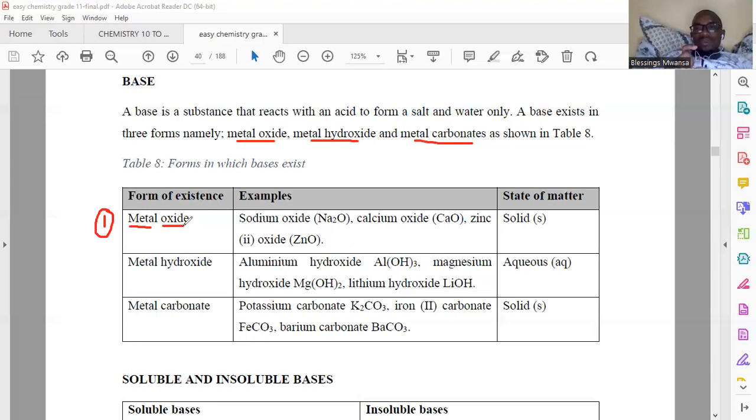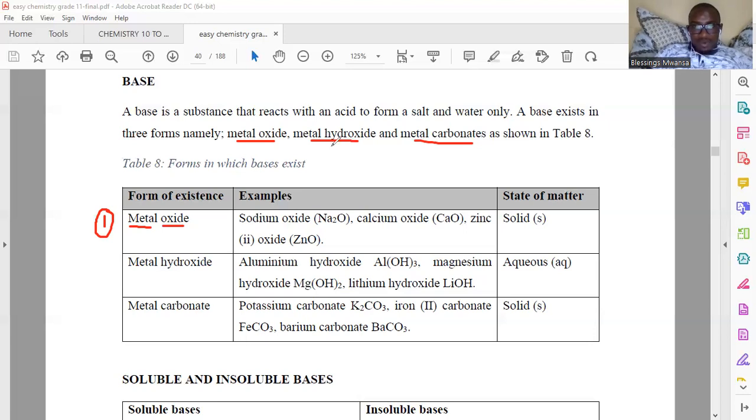You get a metal, you combine it with oxygen. A compound that you're going to form will be called a metal oxide. For example, you get sodium and you combine it with oxygen. What you will produce will be called sodium oxide.